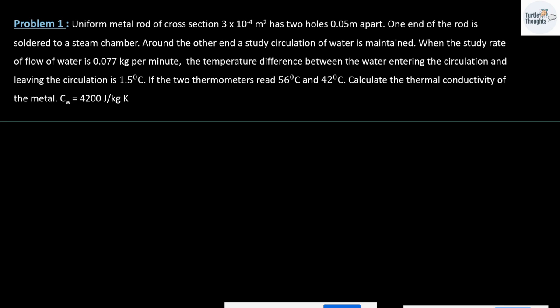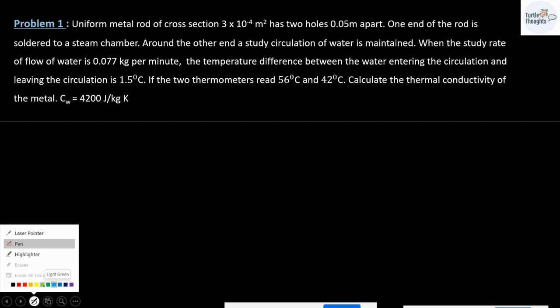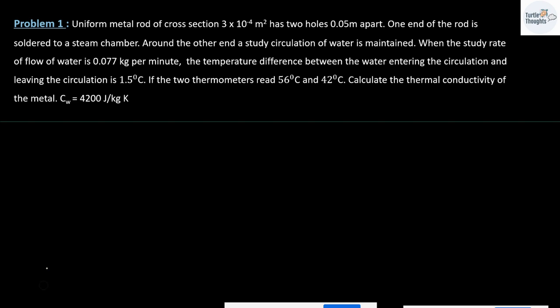CW, what is CW? Specific heat of water. It is given as 4200 joule per kg Kelvin. All right. Now, let me start the problem by writing down whatever they have given in the question. I can see that they are talking about cross sectional area.